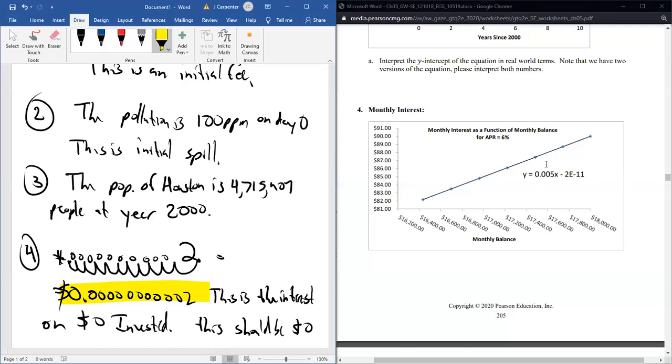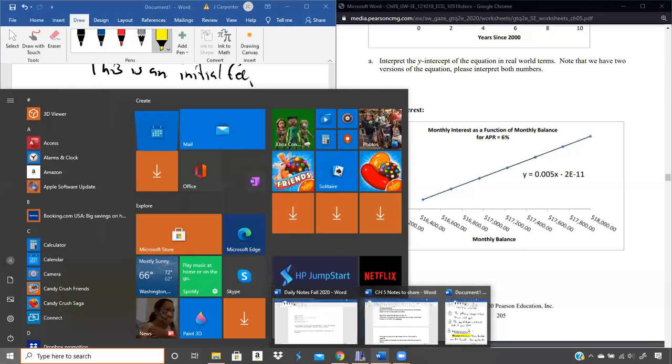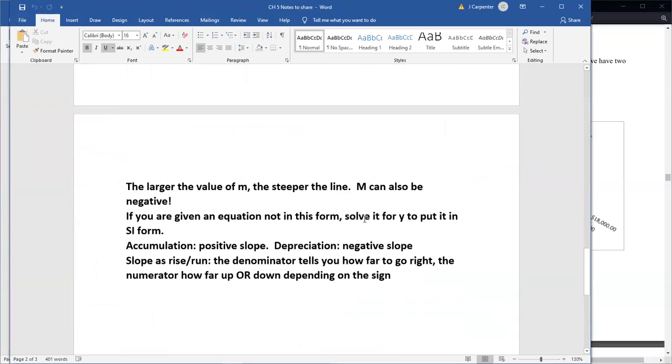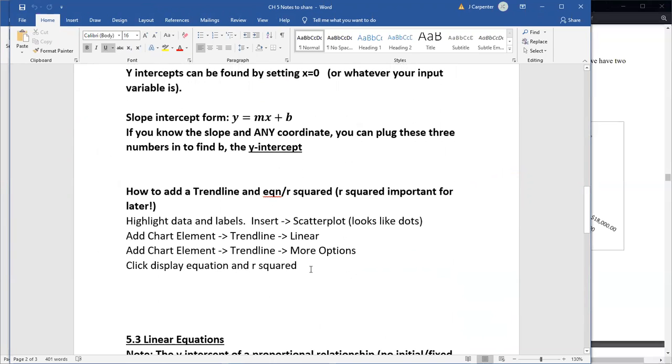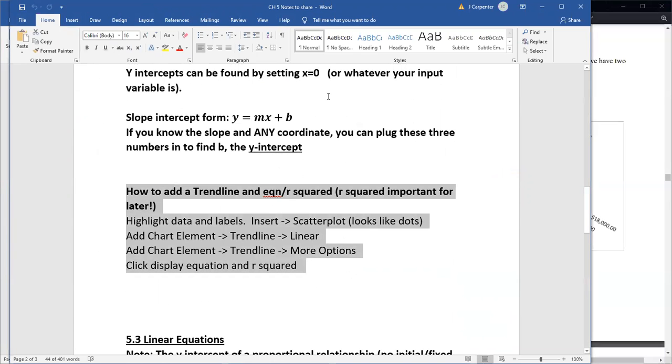But how do we get these equations? Because that's going to be extremely helpful to know, maybe for homework, maybe for just working with things in class. And here we go. How to add a trend line and the equation and R squared. R squared is going to come later. I'm not going to talk about what it means yet.